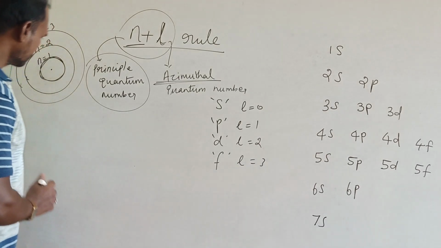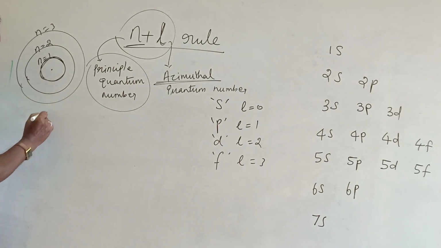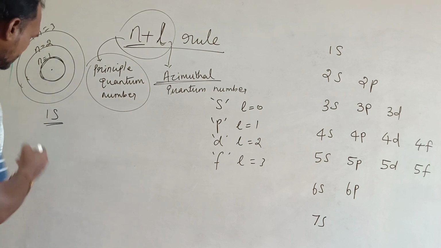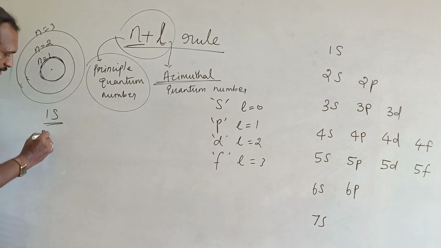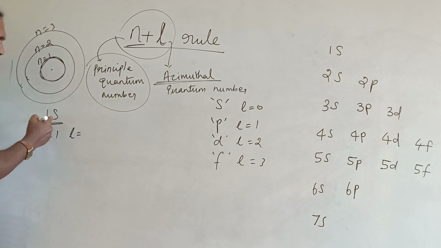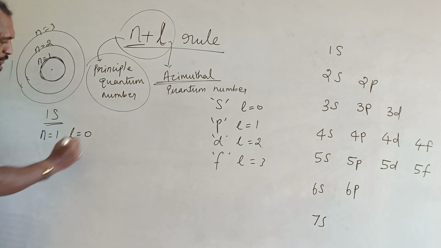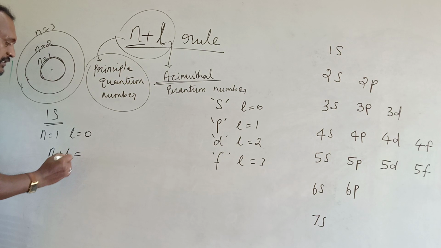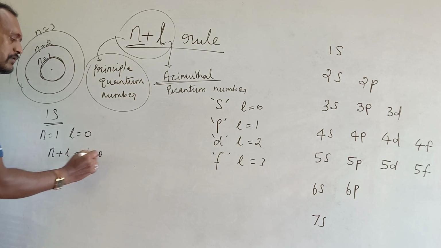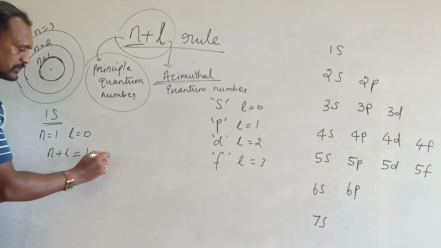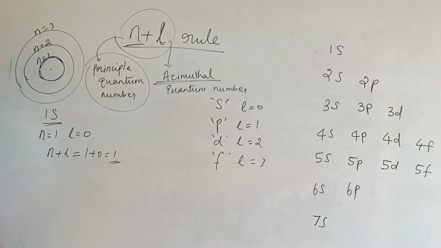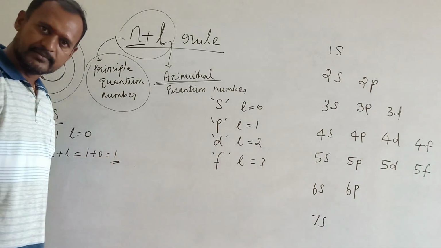For example, if you take 1s, then for 1s, n value is 1. l value for s is 0. So n plus l value is equal to 1 plus 0. Okay, that is equal to 1. Clear?